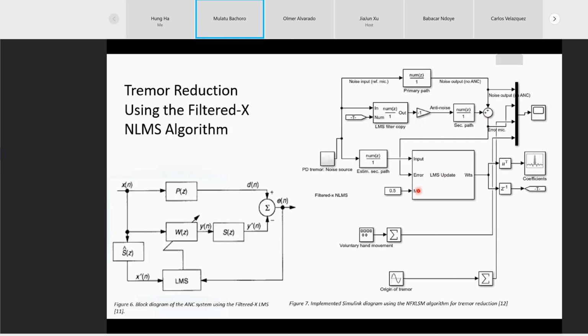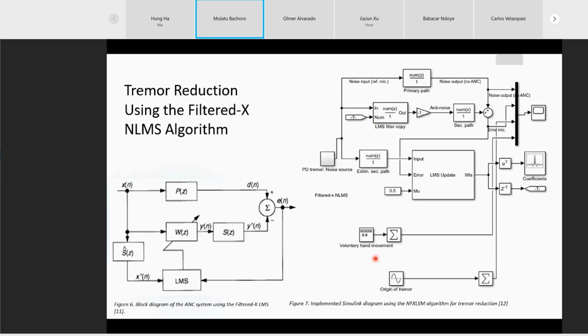Here, these signal generator blocks are added to show a voluntary hand movement and the original thermal motion signal without the Gaussian white noise component, and just visualize the system response.